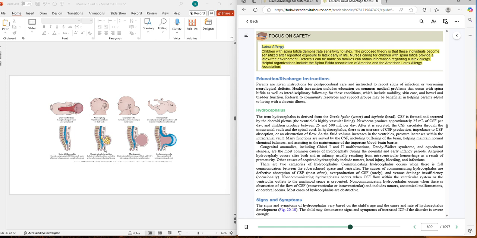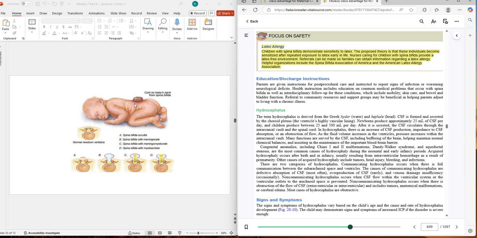This is the closed spinal dysraphism, however you say that, meningocele, and then the myelomeningocele. That one's just kind of this vertebrae getting into those arches, into that sac. But you would have to do, of course, x-ray to see that, right.